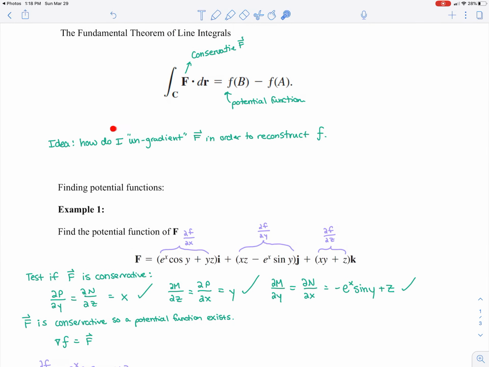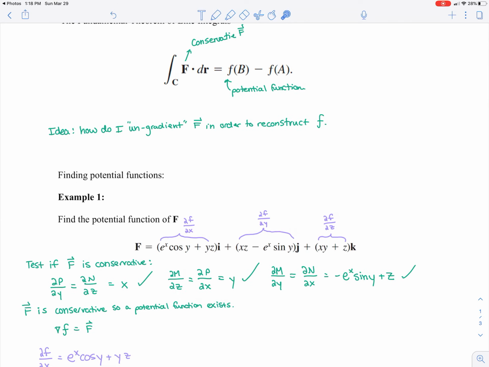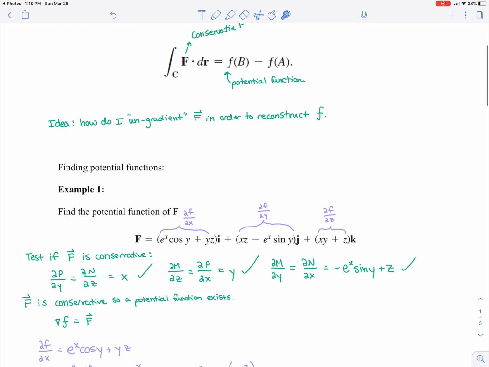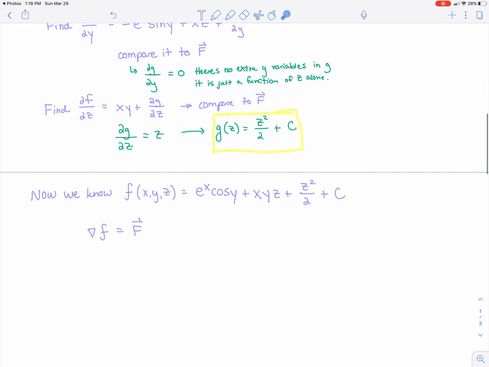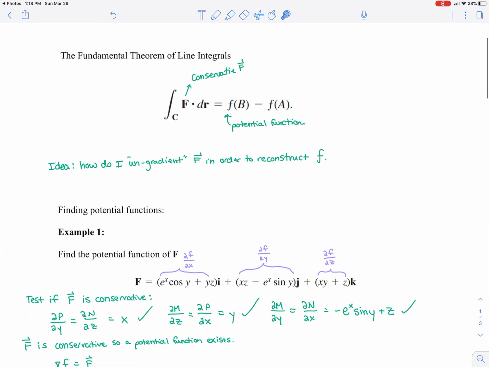It might be a squiggly line, or the sum of 2 different paths that form 2 line segments. So this is really nice because we can ignore what the path is and just use the potential function we found to evaluate the endpoints. We just plug in the final point into this function minus the initial point, and that will tell us what the line integral was, no matter what the path connecting the 2 points was.